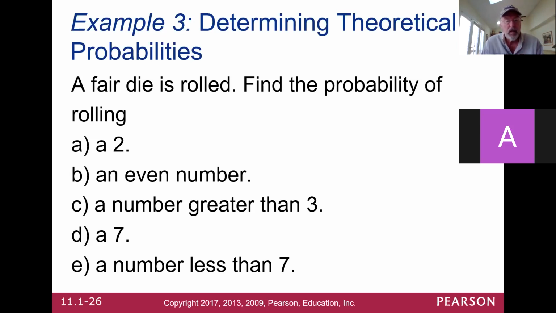And could we say a number less than 7? So what's the probability that the die will be a 2 if you roll it once? What do you think?